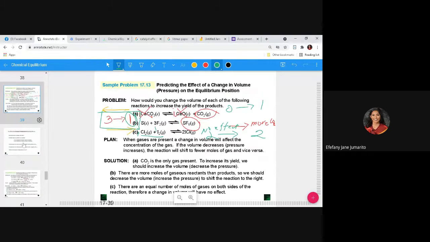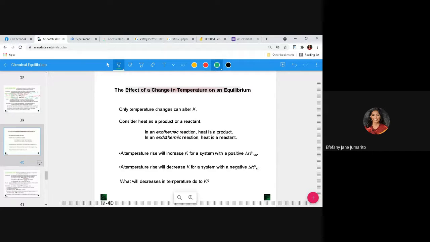Okay. Now let's go. We have the effect of change in temperature on an equilibrium. Only temperature changes can alter K. Remember that K is constant, as it will be given here, when the temperature is constant.